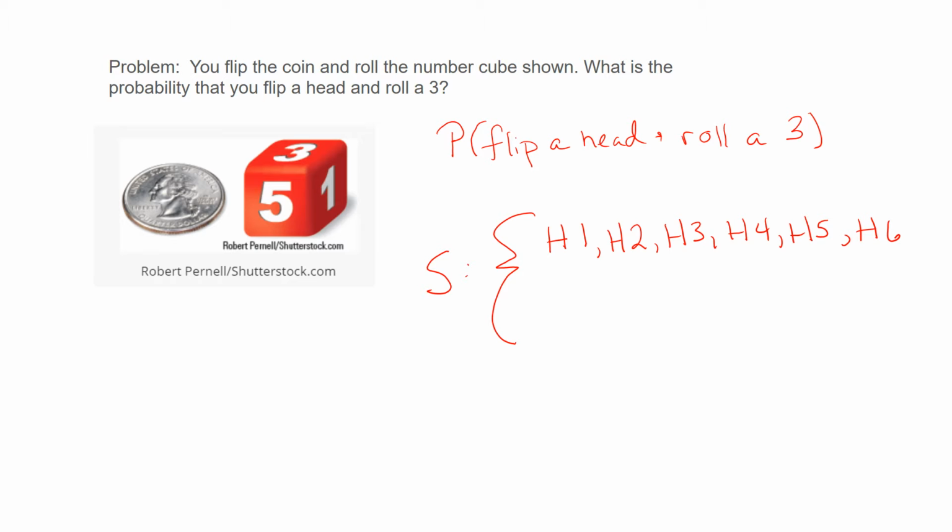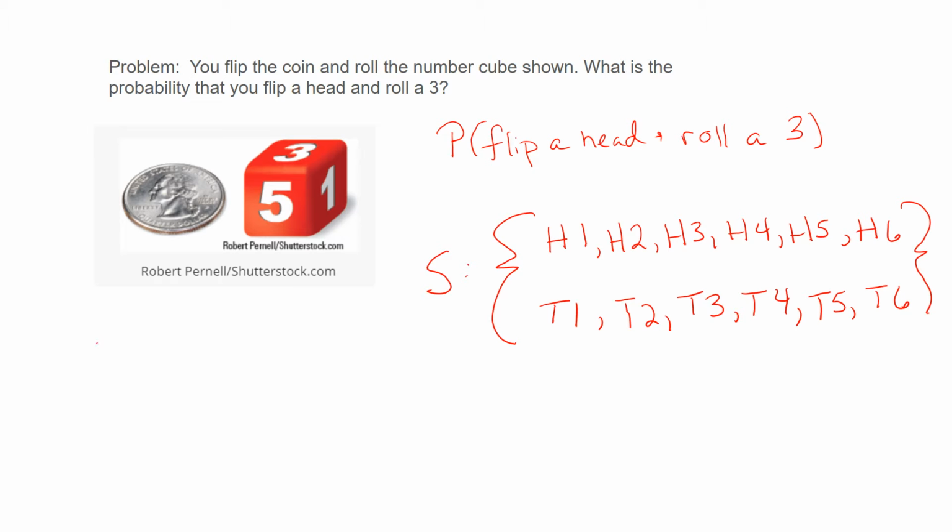Or I could flip a tail, toss a 1, flip a tail, toss a 2, flip a tail, toss a 3, flip a tail, toss a 4, flip a tail, toss a 5, flip a tail, and toss a 6. So I have the set of all the possible outcomes.